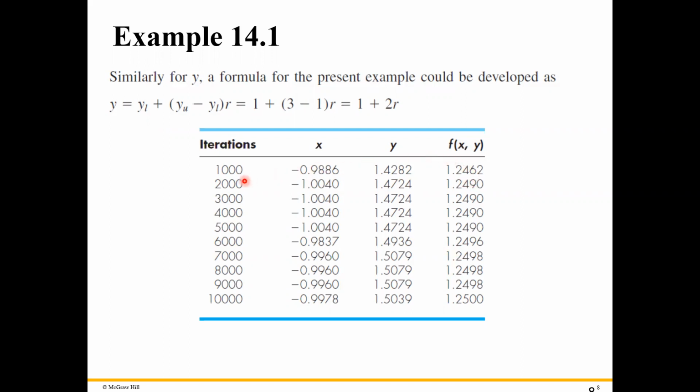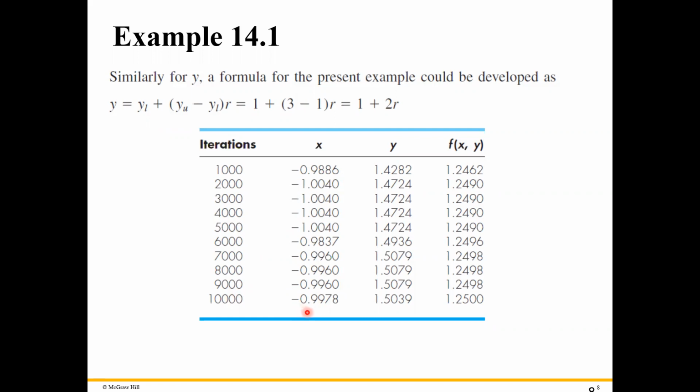But remember that if I apply this again, I may not get the exact same values because these values are randomly generated. But as the number of iterations is increased, for example from 1000 to 10,000, our values of x, y, and f of x, y will tend towards the real solution.